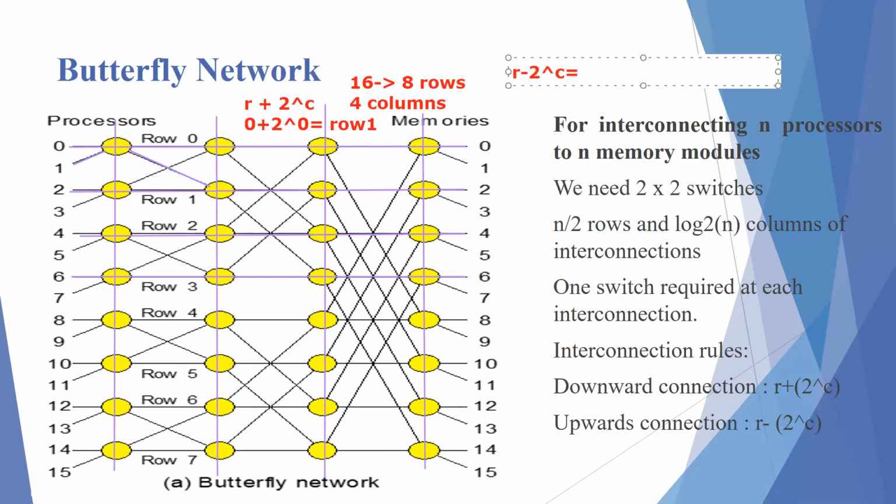Currently row is 1, minus 2 raised to the power column. Column is what? Tell me. 0. So this gives me 1 minus 1, row 0. So the cross connection which has to go upwards is now towards row 0. Got it, everyone?